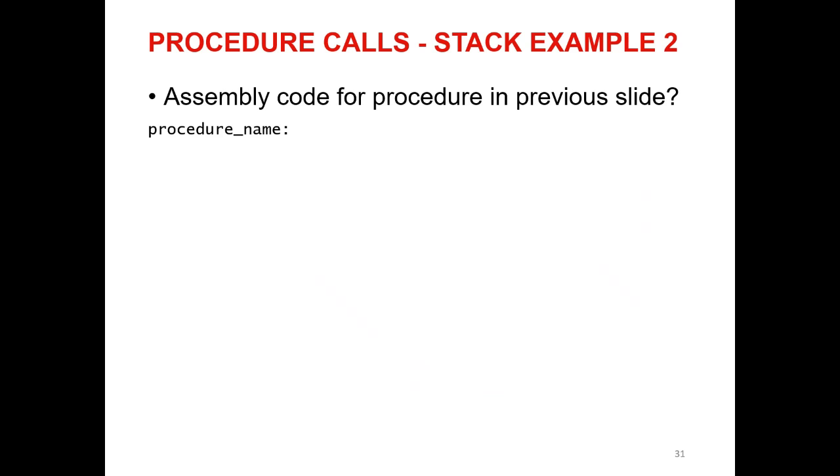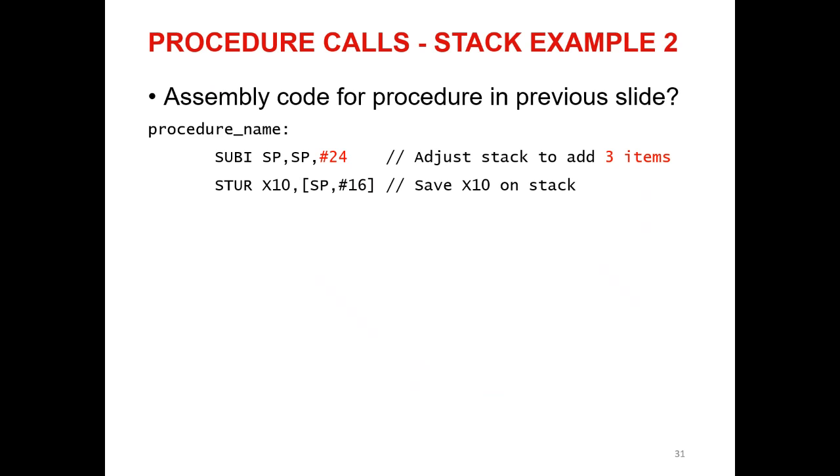Here you have an example showing this. I'm assuming that the example was right, and for any reason the programmer wants to save register 10 on the stack. So we adjust the stack. In this case, we are going to add 3 items, and we need to increment by 8 for each item.